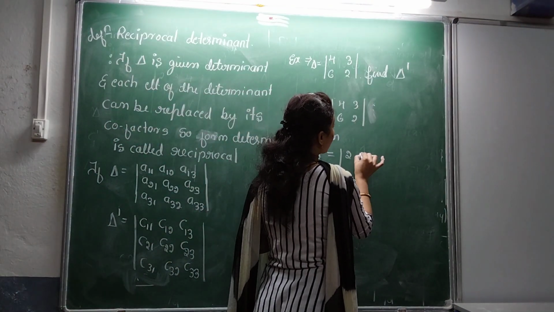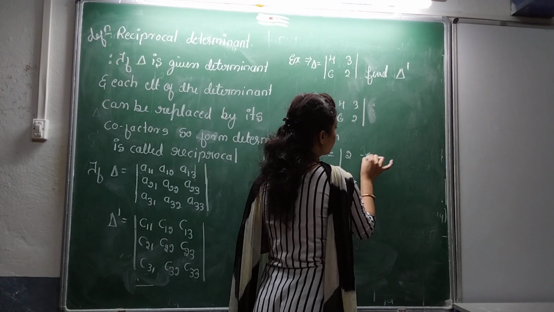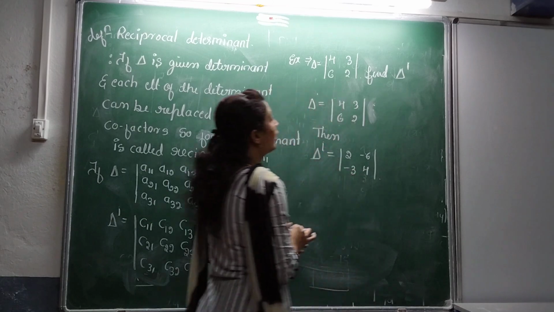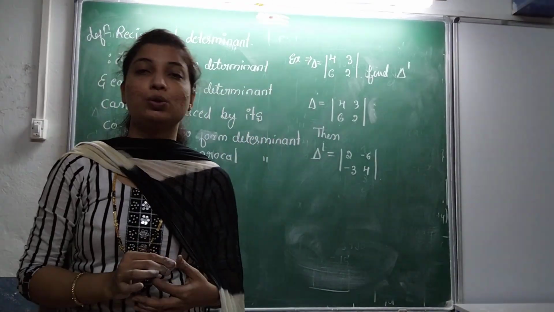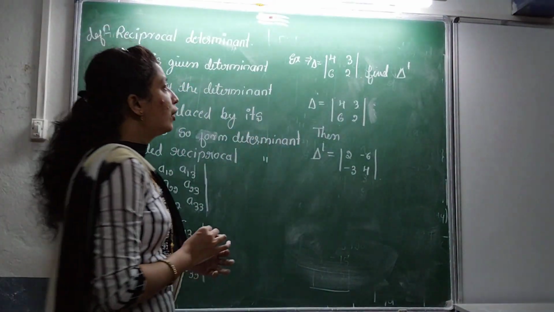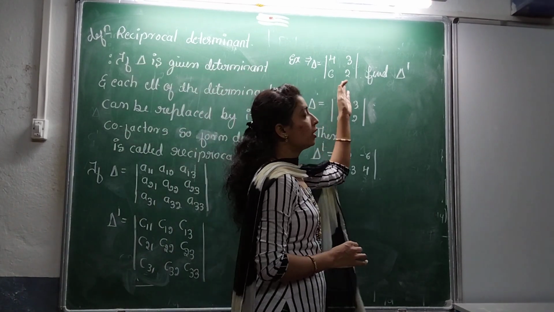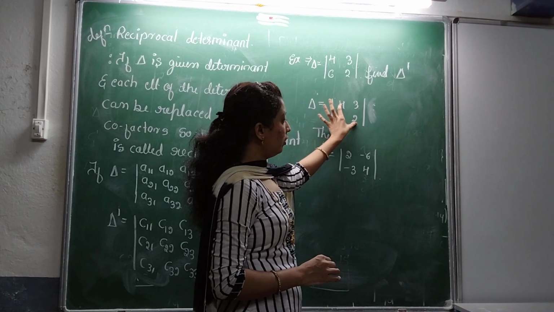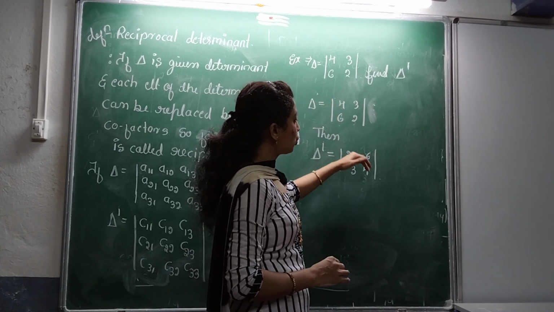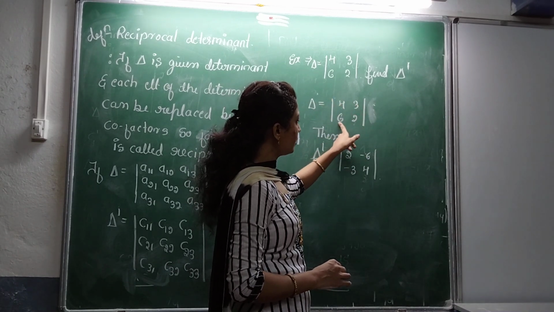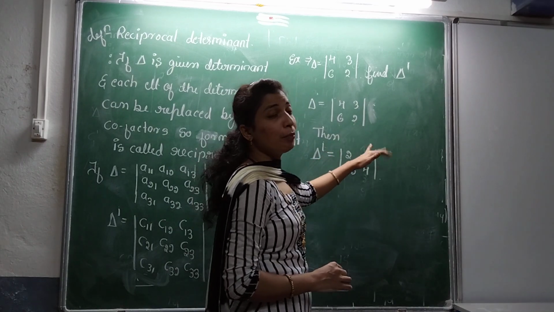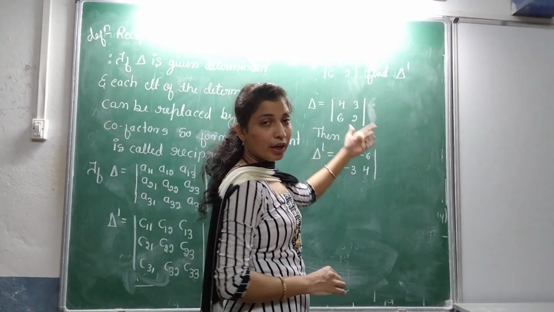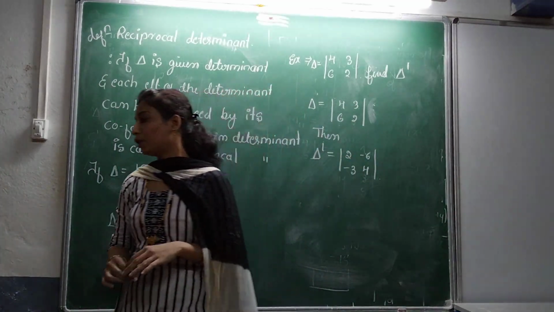So it is minus 6 and minus 3. This is the delta dash of the 2 cross 2 determinant. Its reciprocal can be written as 2, 4 and 6, 3 with the proper sign. If we have positive, we write minus. If we have negative, we write positive.